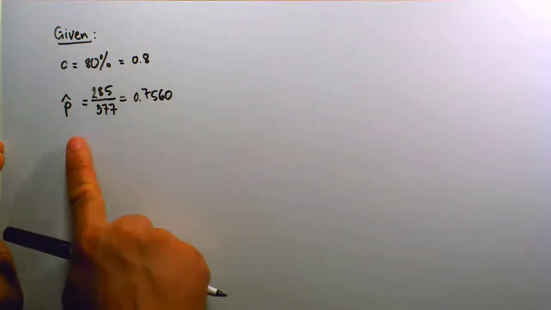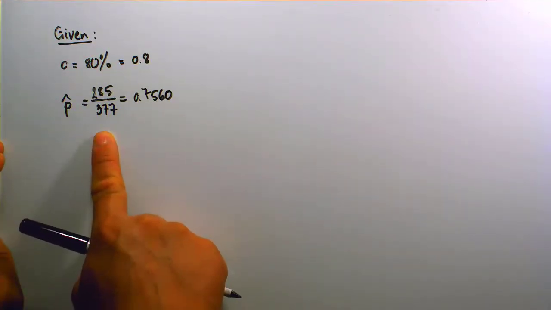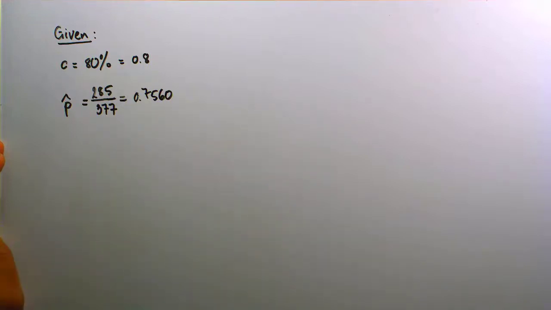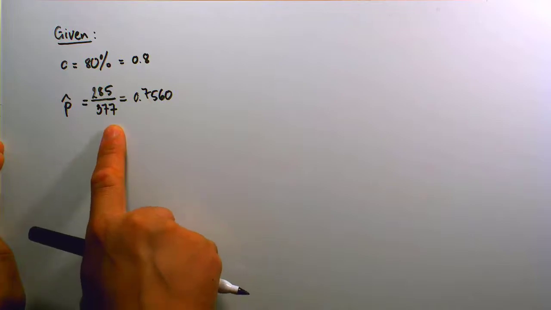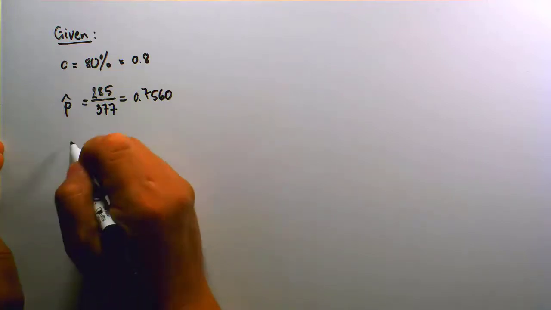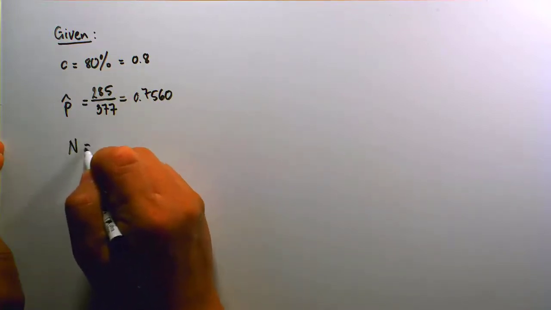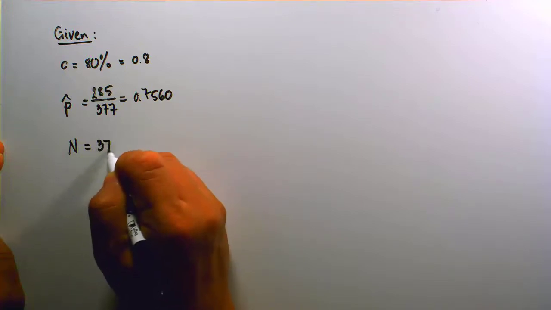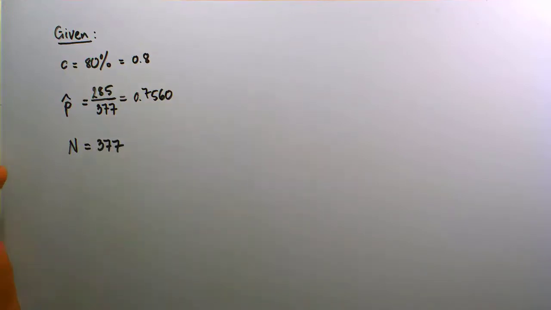But this is only a sample proportion, so I have to remind everybody that. And of course, extracting the information from this sample, the sample size here is, of course, 377. And that is everything we need right here. So that is the given information.